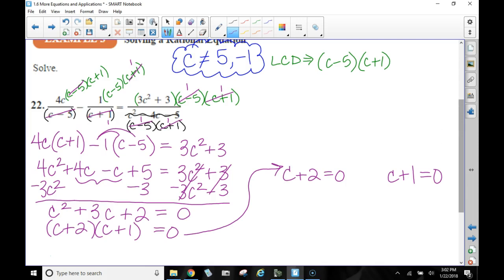So we get potential solutions of -2 and -1. But back in my puffy cloud, c can't be equal to -1. This one doesn't check. It gives us 0 in the denominator of a fraction, so that one's not part of our solution set. Our only answer is -2.